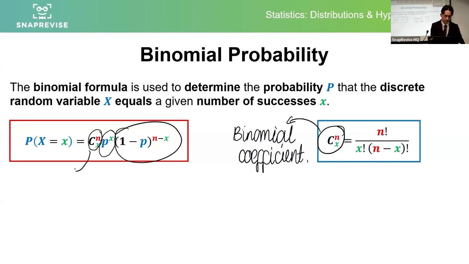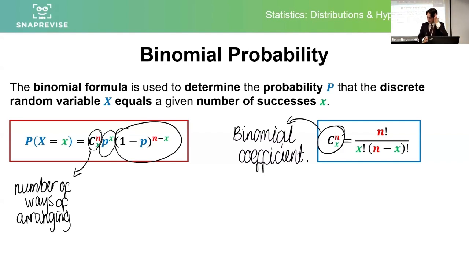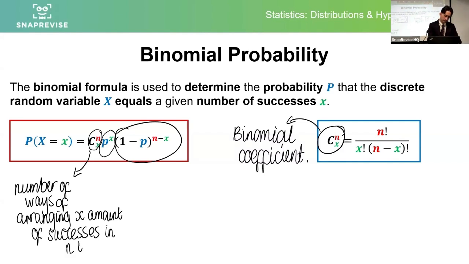So what this gives us is the number of ways of arranging x amount of successes in n amount of trials. You know, when you have a long day and you think, have I spelt successes right?